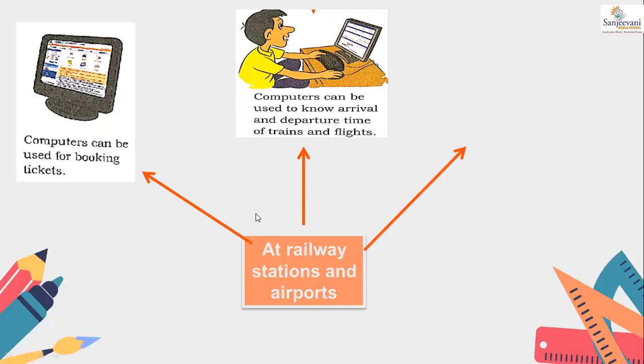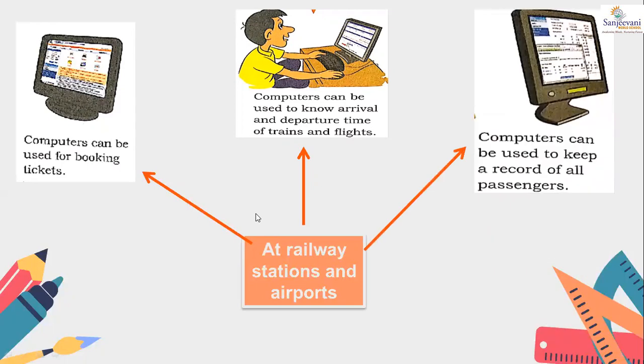And the next use of computers at railway stations and airports is to keep a record of all passengers. Whenever we are traveling, the railway stations and airports keep all our details like our name, our address, our age, and from which station to which station we are traveling.